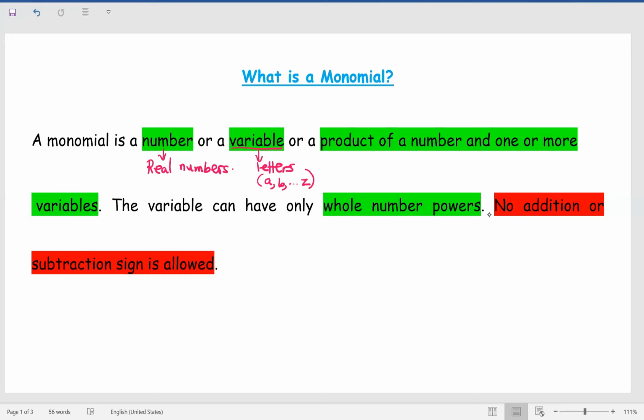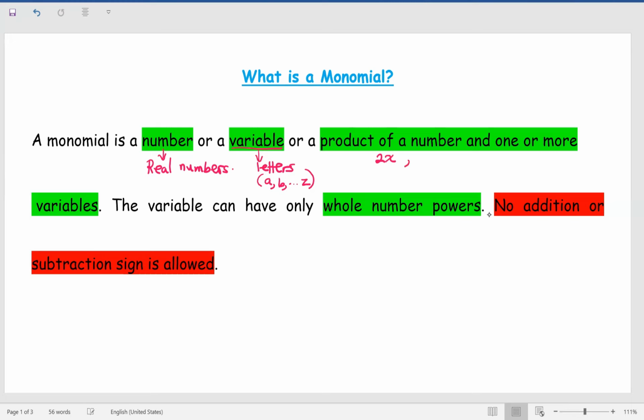Okay? So a monomial can also be a product of a number and one or more variables. It can be a product of a number, let's say 2, and a variable, let's say x. So it can be like 2x.